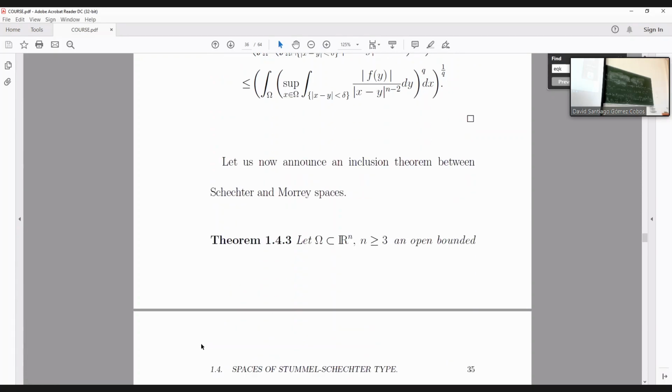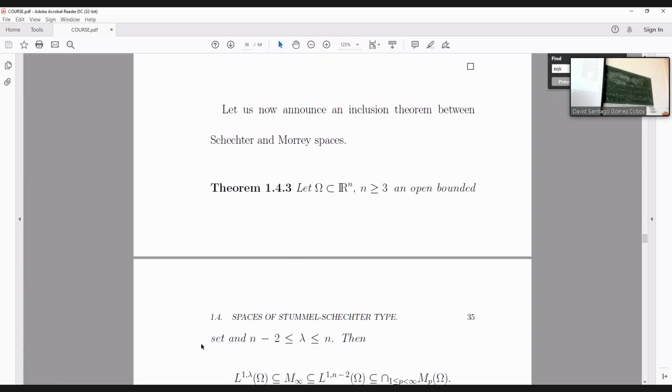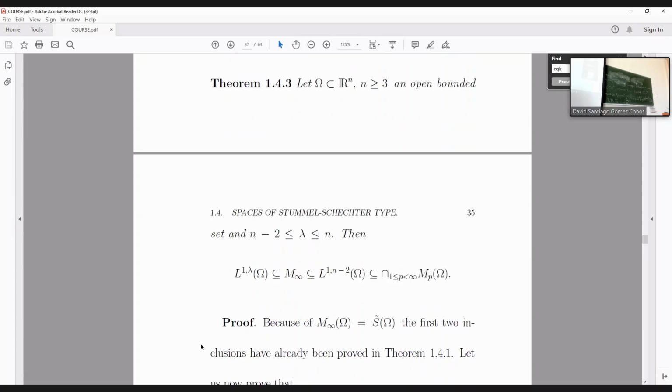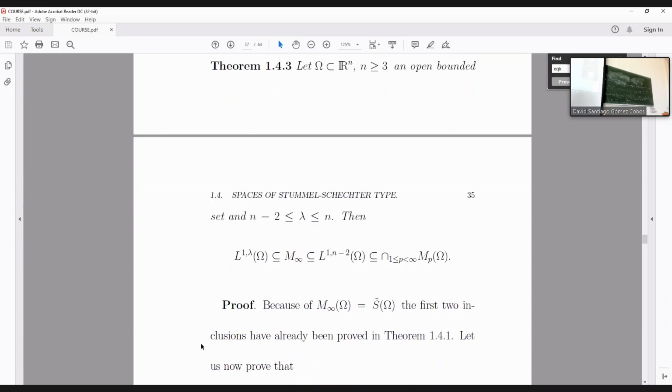Let us now announce an inclusion theorem between Stummel-Kato and Morrey classes, not only the Stummel-Kato spaces. As usual, omega in R^n, with n more or equal 3, is a bounded open set, and lambda is between n minus 2 and n.